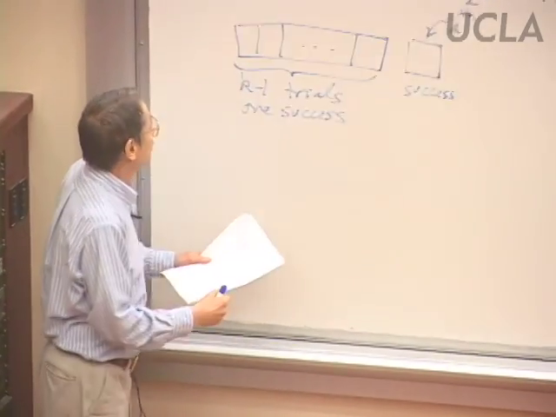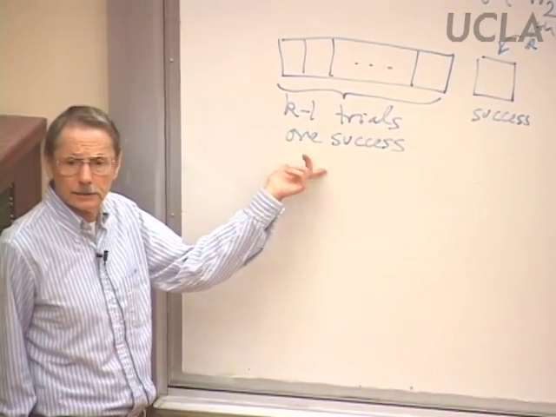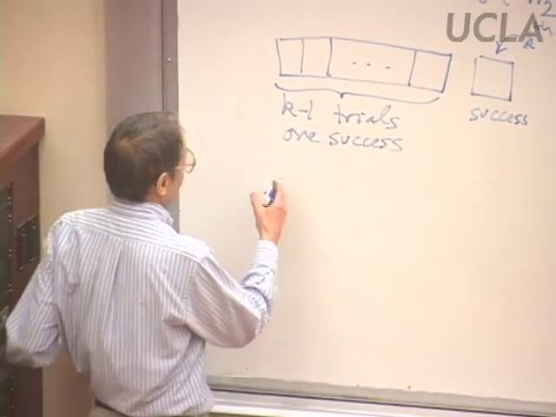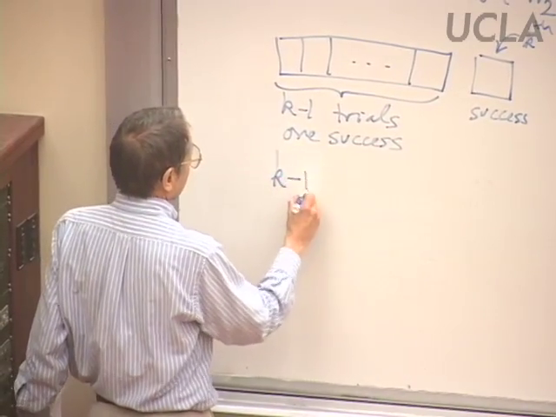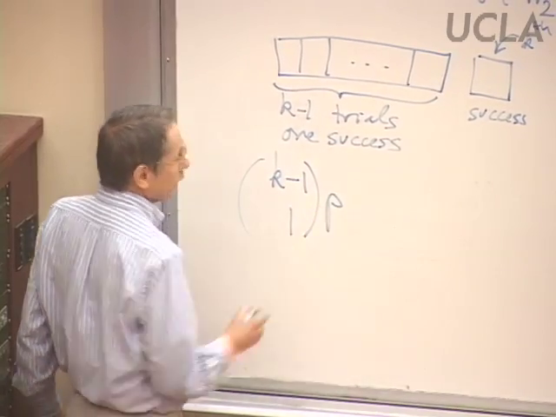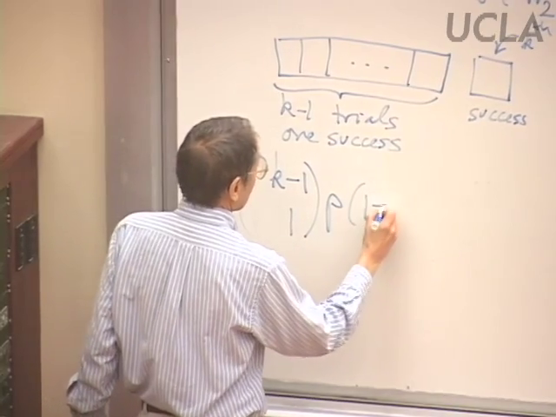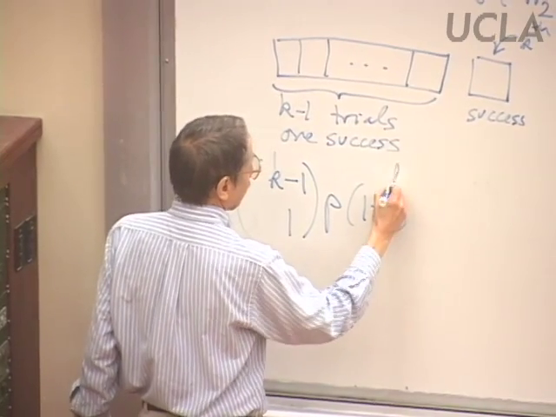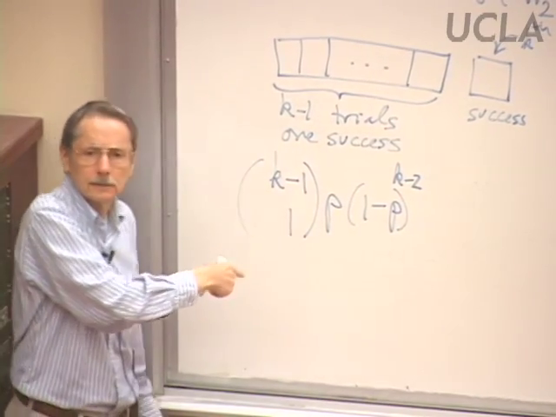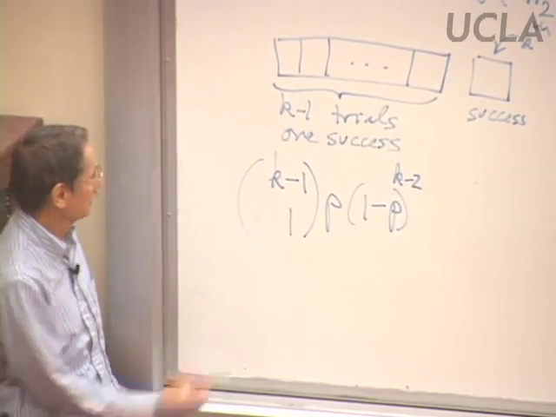The binomial distribution, we know how to find the probability of exactly 1 success in k minus 1 trials. K minus 1 choose 1, P to the power 1 for that 1 success, 1 minus P to the k minus 2. K minus 1 trials and then one was a success, k minus 2 of them failed.